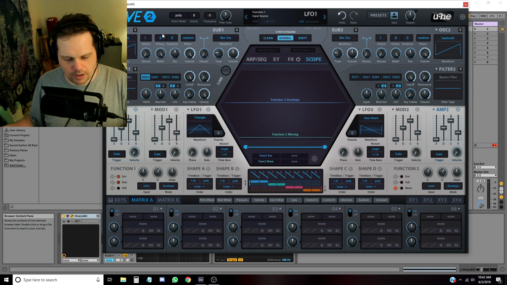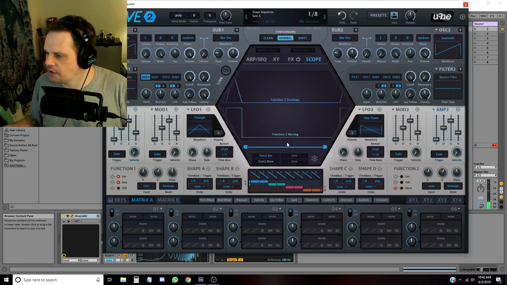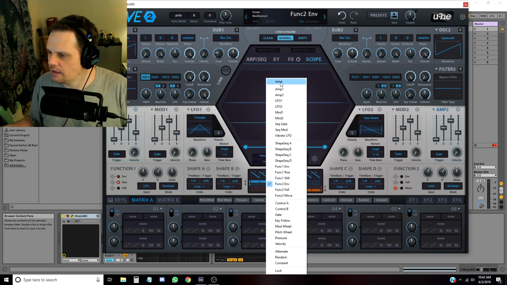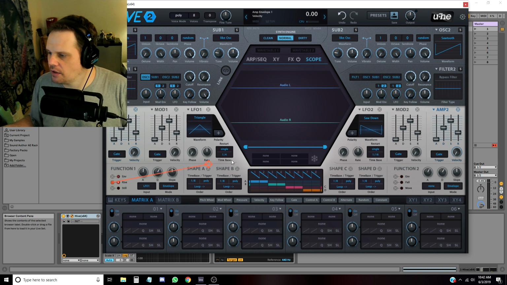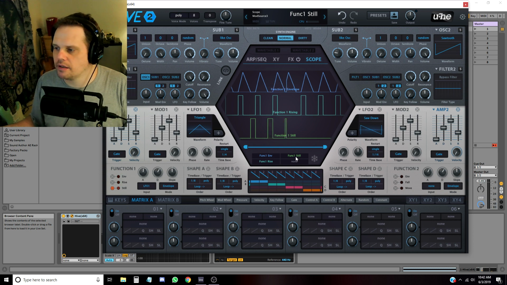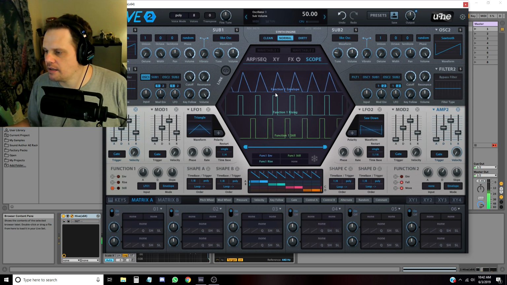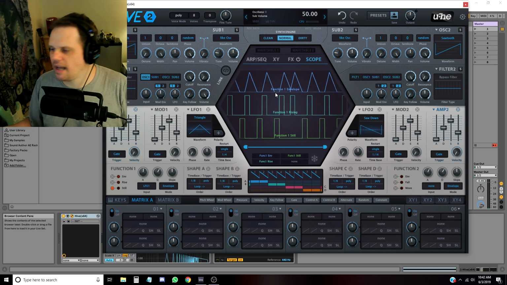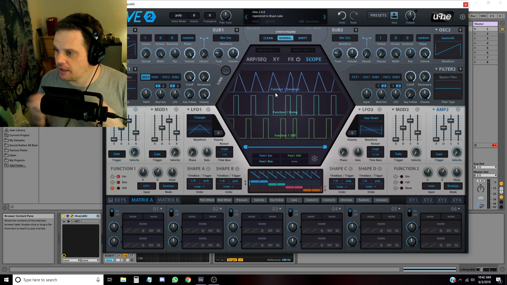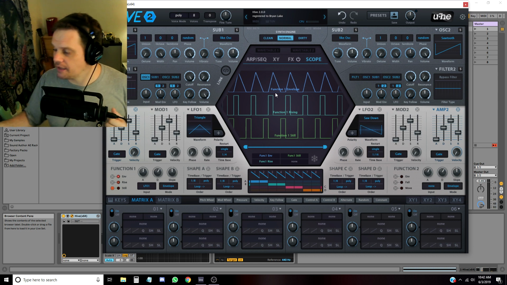But yeah, just LFO1. Actually, I'm using the wrong thing here. None. And let's just take a look at these. This envelope, fall, and rise. So now the LFO is triggering the envelope, as you can see. I actually don't have to press a note now because it's just going.